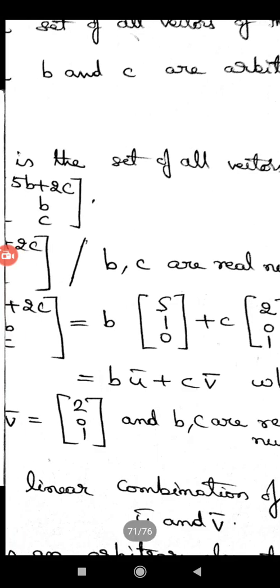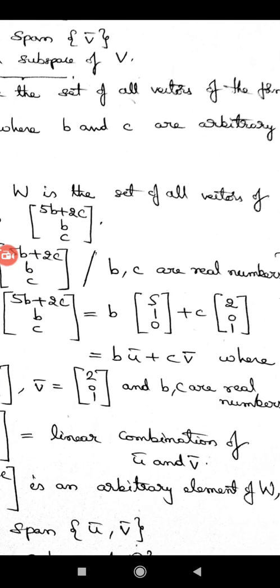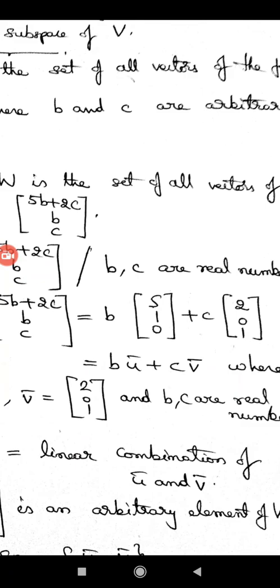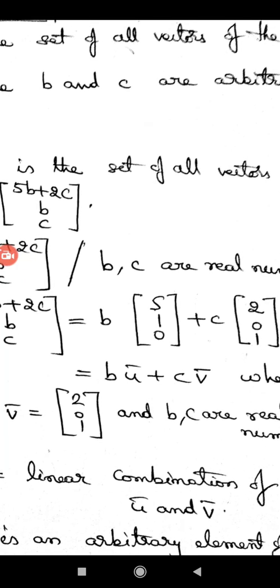Next, it is further equal to plus c times the first entry. We can see the coefficient of c, that is scalar multiple of c, is 2. So here I have written 2. In the second entry, there is no c at all. So the scalar coefficient is 0.